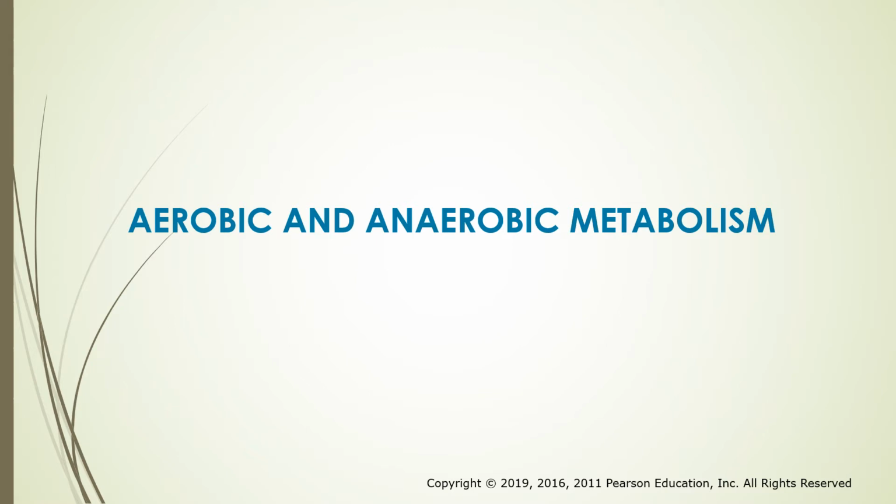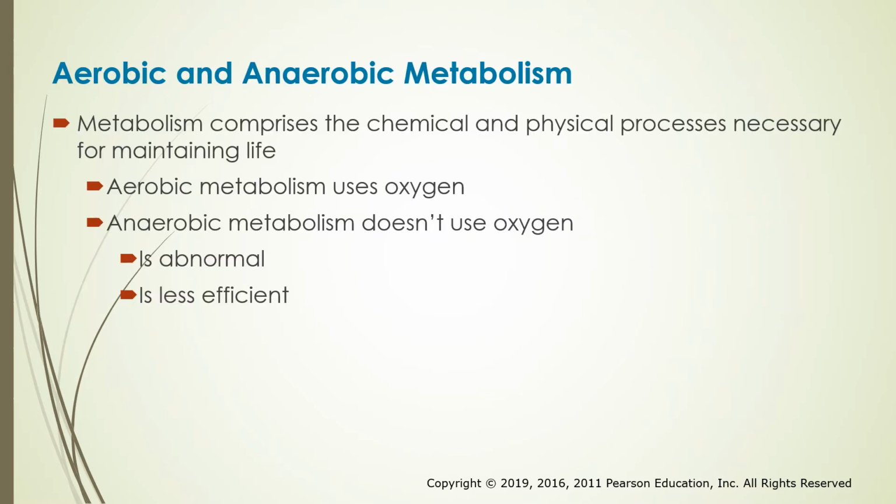Aerobic and anaerobic metabolism. Metabolism comprises the chemical and physical processes necessary for maintaining life. So aerobic metabolism uses oxygen. Now, whenever you see an AN or an A added at the beginning of a medical word, it typically means without or not.